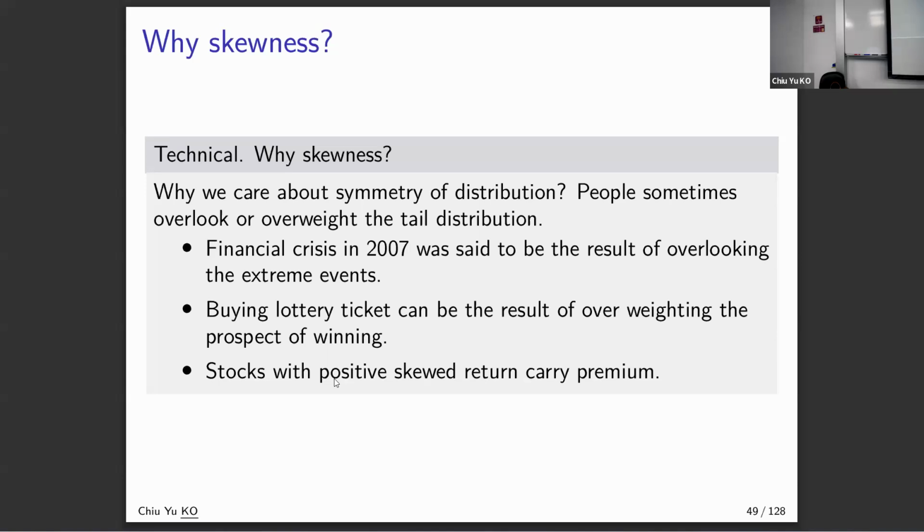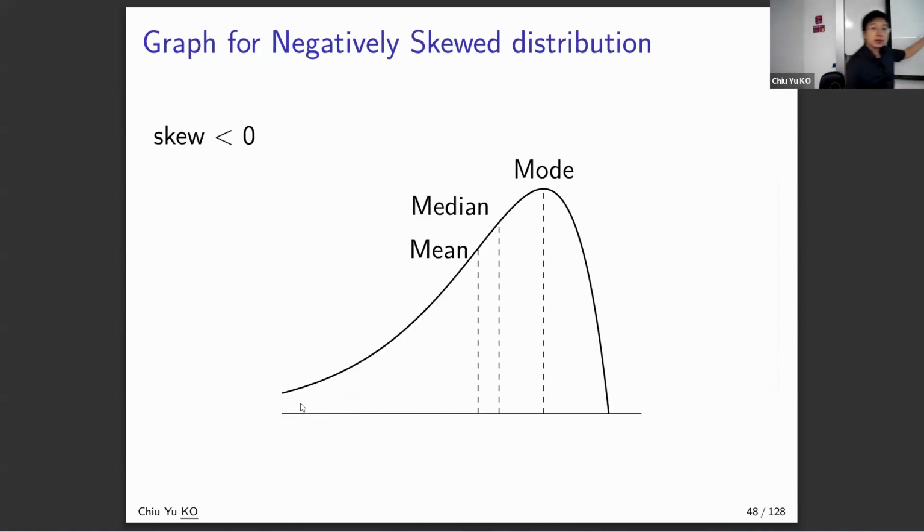When you check those, what would happen? For example, a financial crisis is a case where the price or the return is significantly negative. It's very rare, but it happens.